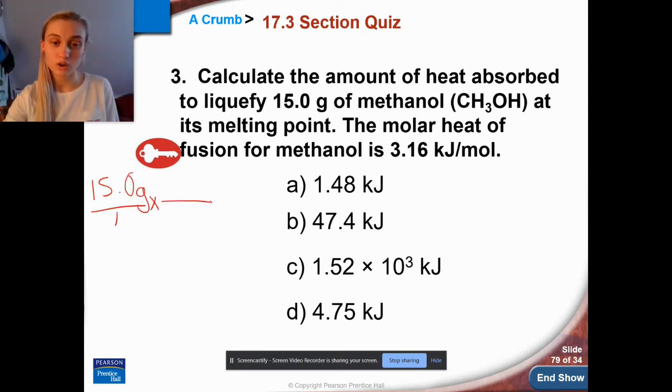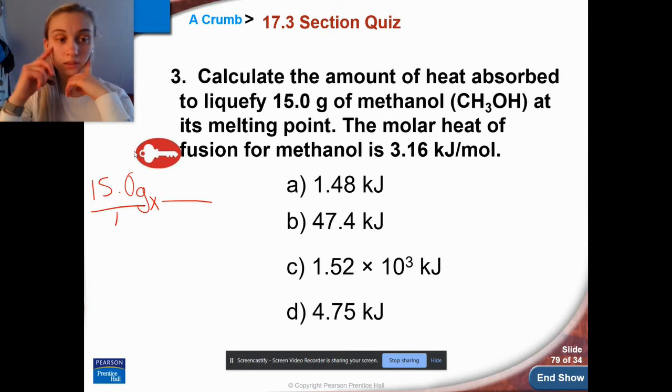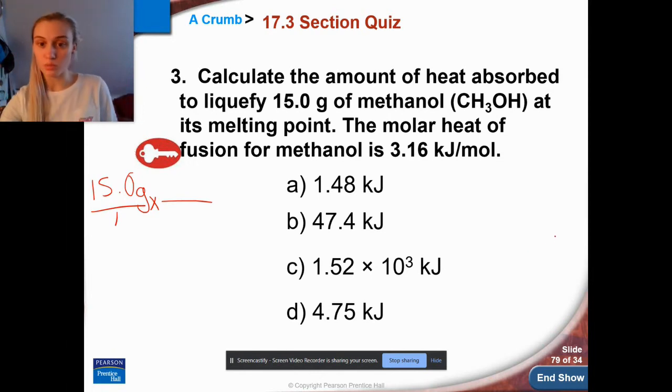And we need to go from grams, like we have in the past couple problems, to moles, because we need those moles to use this. We can't use grams because we don't have anything to convert with grams in this heat of fusion. So we need to get moles. And the only way we can do that is if we calculate the molar mass.